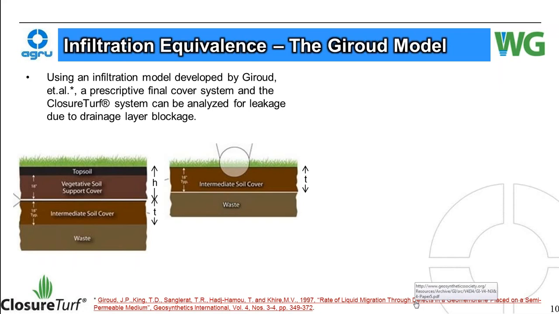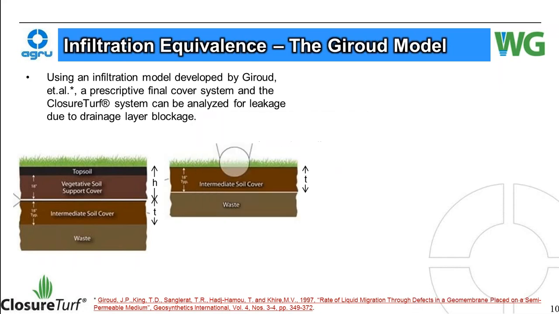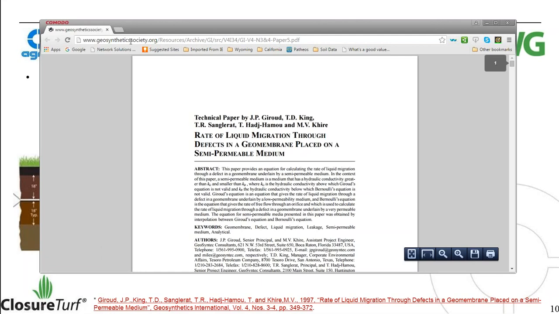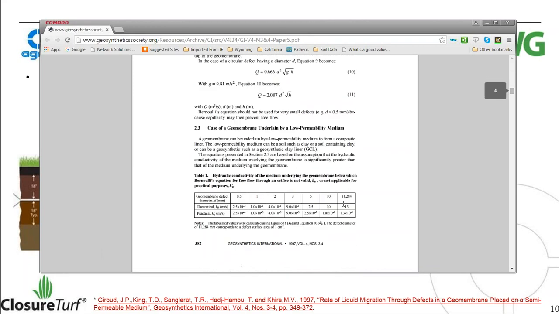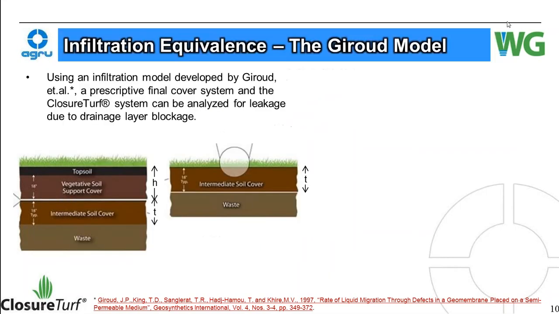This is available on the web at the Geosynthetics Archives or Geosynthetic Society Archives. So you can go to this website here, and they've got a whole host of these papers. Here's this paper that I'm referencing here. It has lots of really cool nerdy equations, including this one, which is what I've got here.